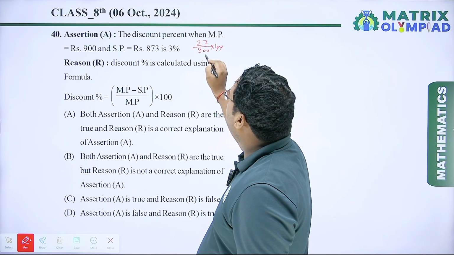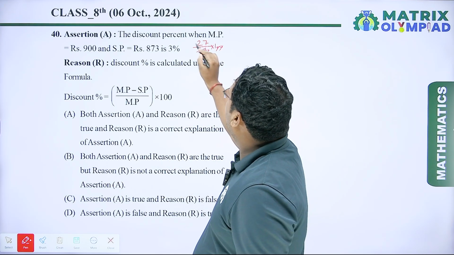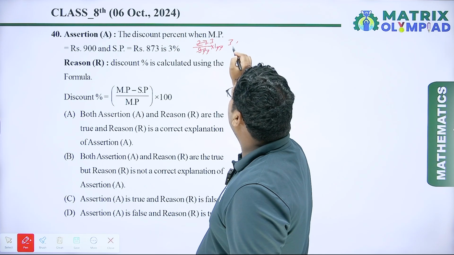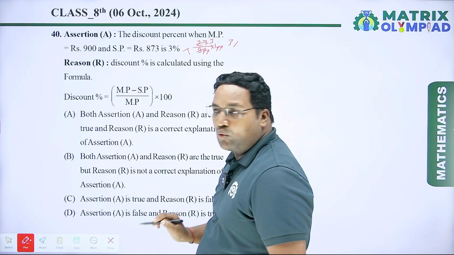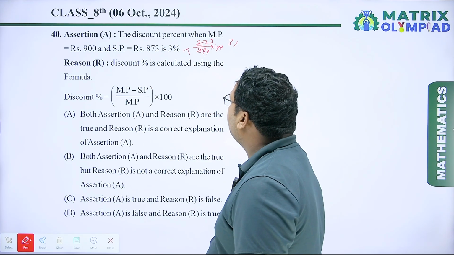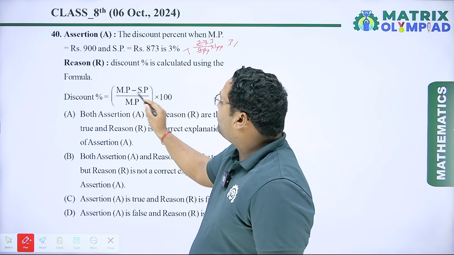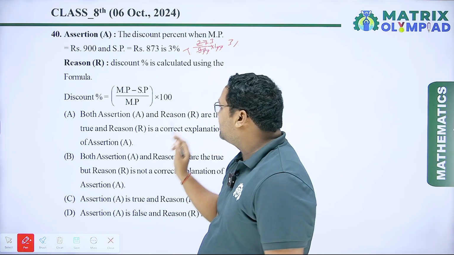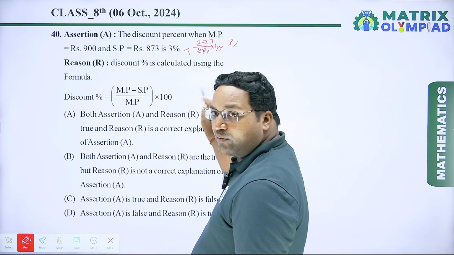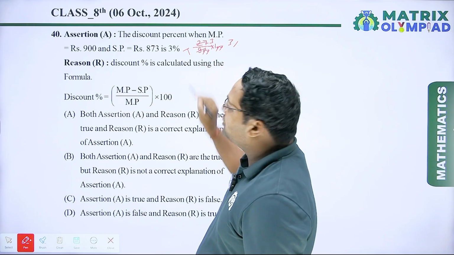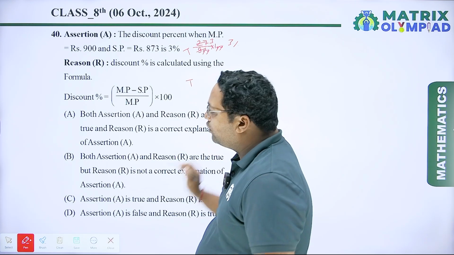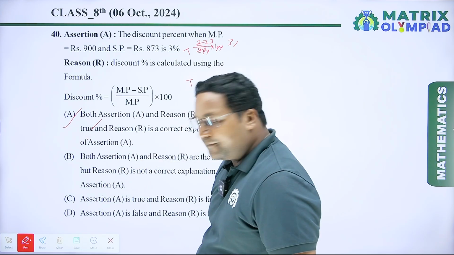This 0 and this 0 cancel out. 9 3s are 27, so it is 3%. It is correct, so it is true. Next, the reason: discount percentage is calculated using the formula discount percentage is equal to maximum price minus selling price upon maximum price into 100. Yes, it is the right formula and the correct explanation of A. So it is also true. So option number A is correct.